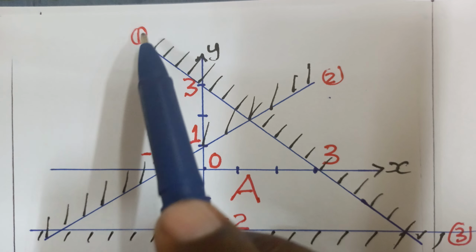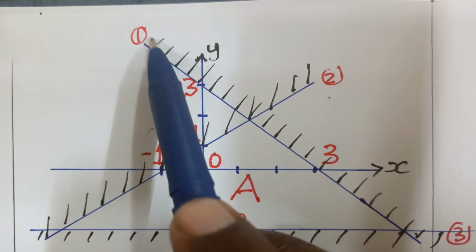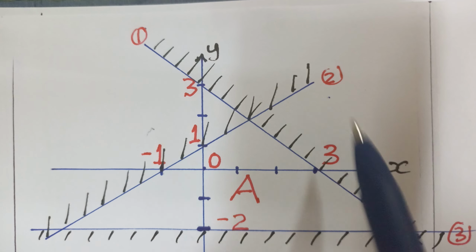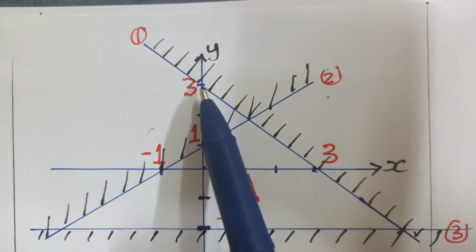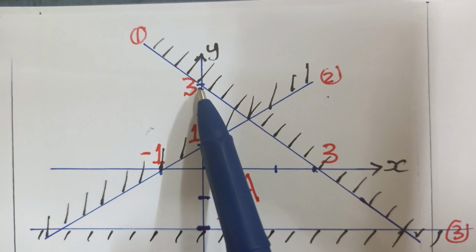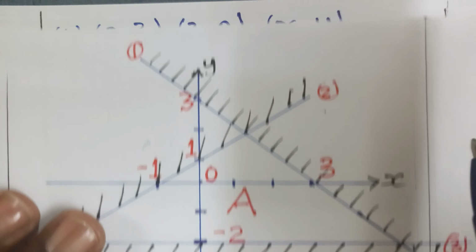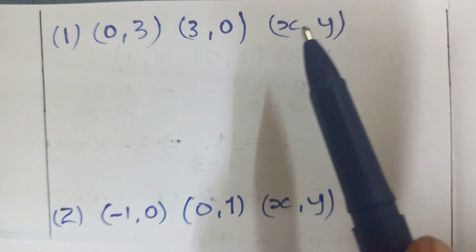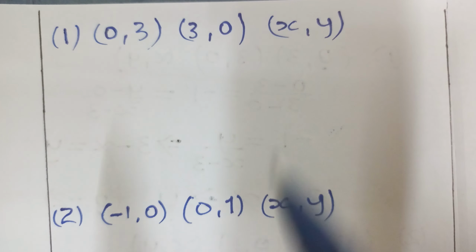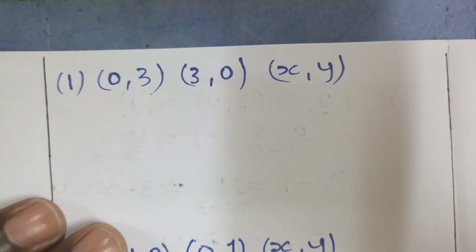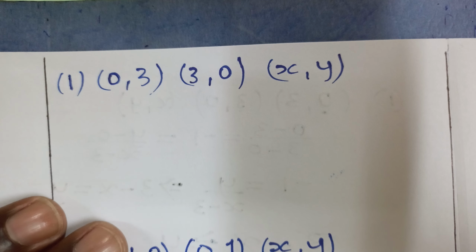Guys, we first look at line number 1, and we establish 2 points on that line: 0, 3 and 3, 0, and we have another point x, y. I can now look for the equation of that line and also the inequality.